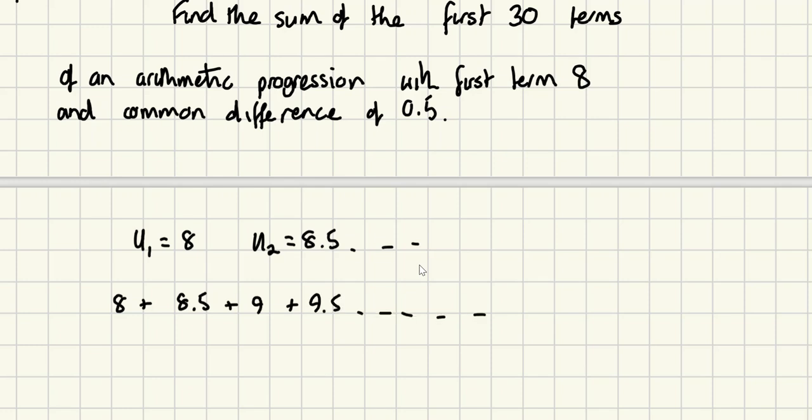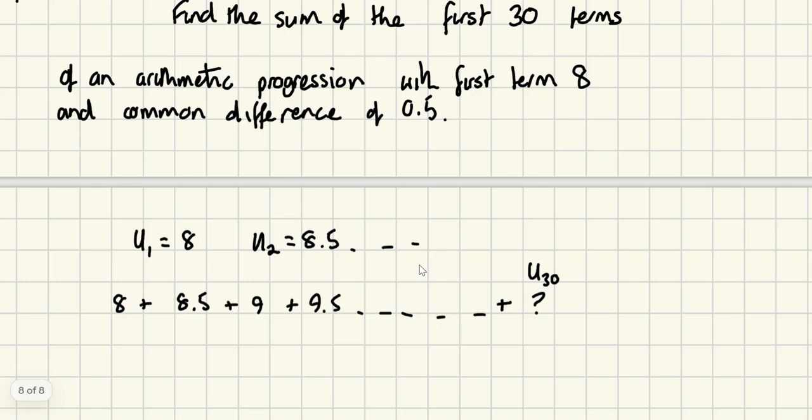What's different to this one is what's the end point? 30th term. So we need to know what U30 is, yeah. But we haven't been given it in this question. So before we can add up using that method we did before, what do we need to know first?